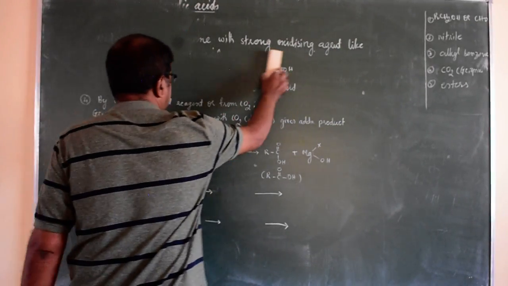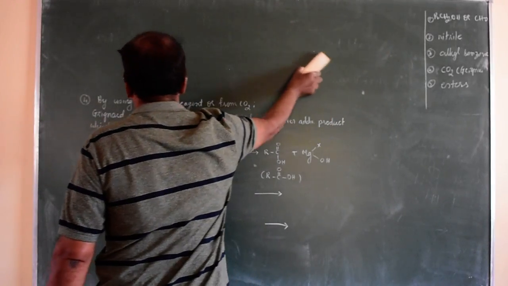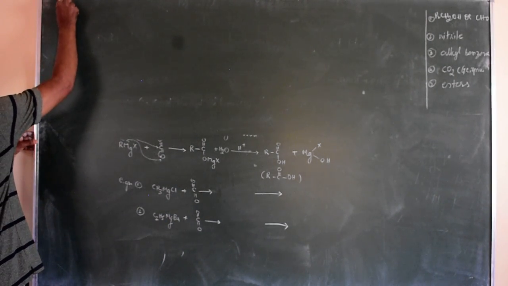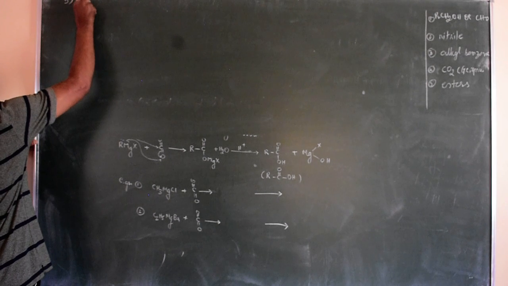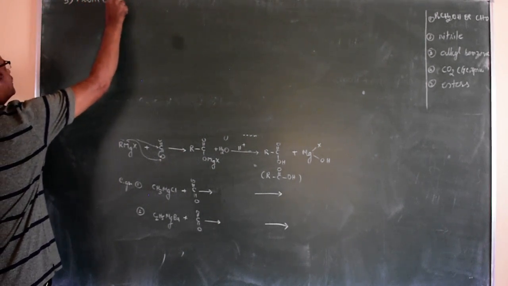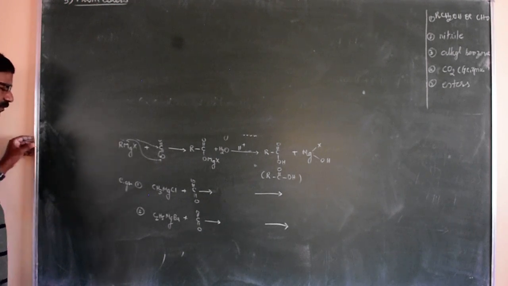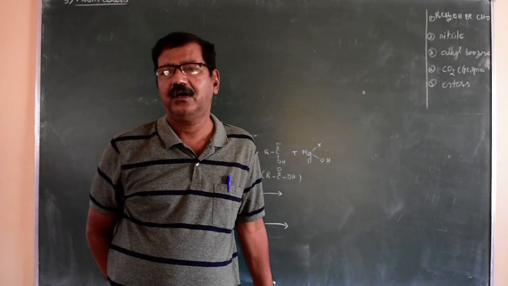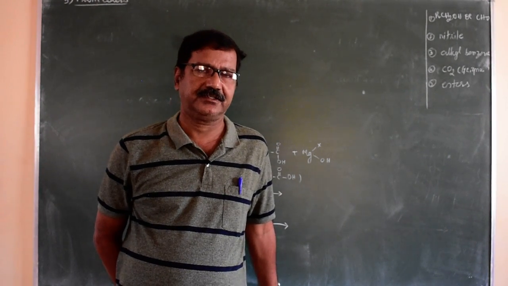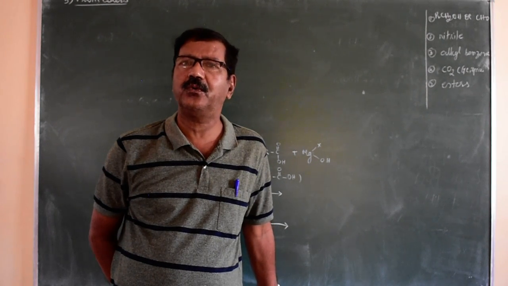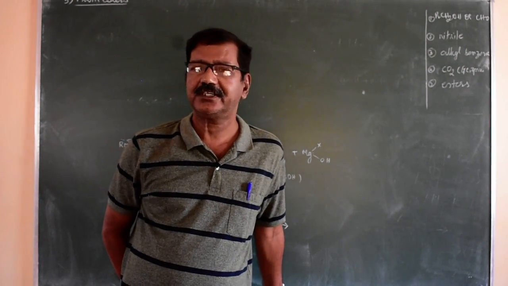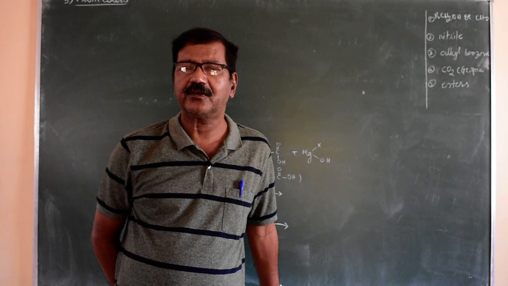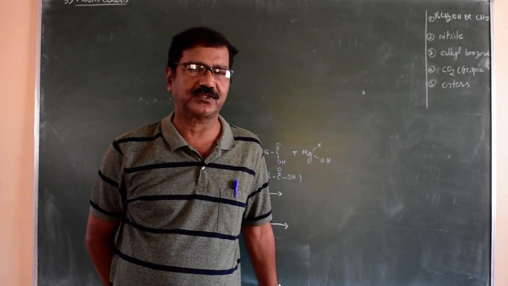Okay, so after this, number 5, from esters. The general formula for ester is RC double bond O, then OR dash, or RCOOR dash. Already we studied in alcohols, esters are formed by the reaction of carboxylic acid with alcohol in presence of concentrated H2SO4.